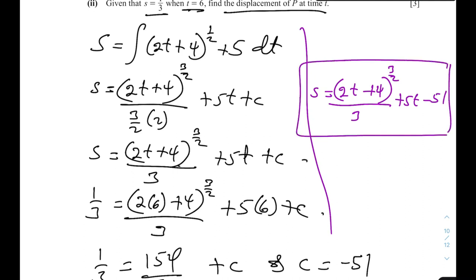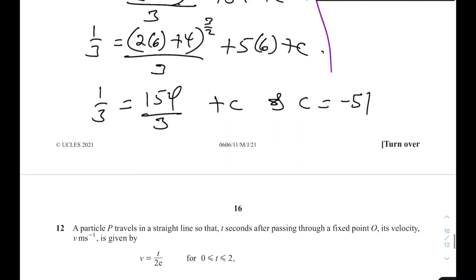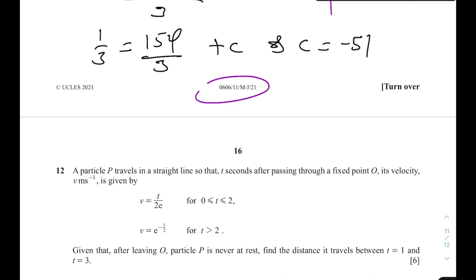So this is the answer they should be looking for. So that is actually also a 2021 question. Like I said, this worksheet is mainly for 2020 and then 2021 questions.